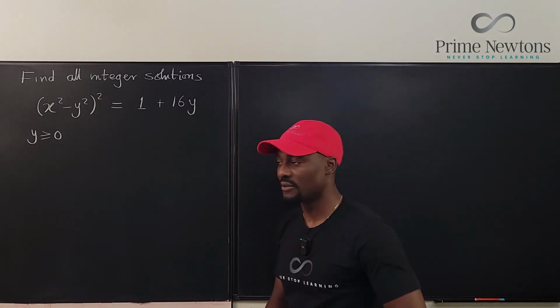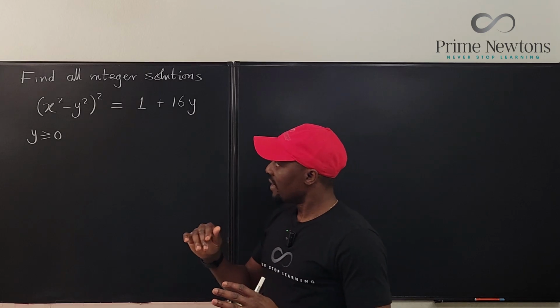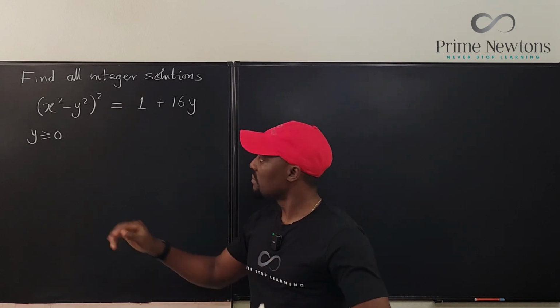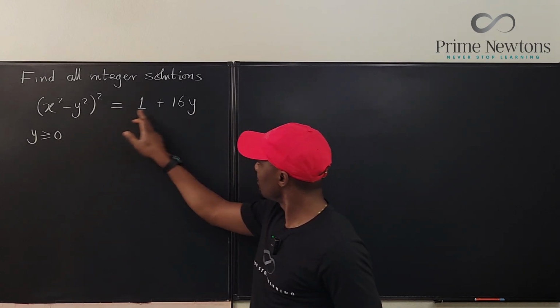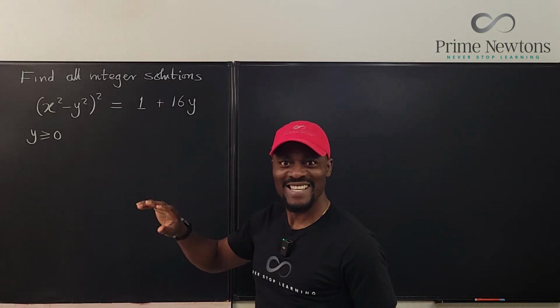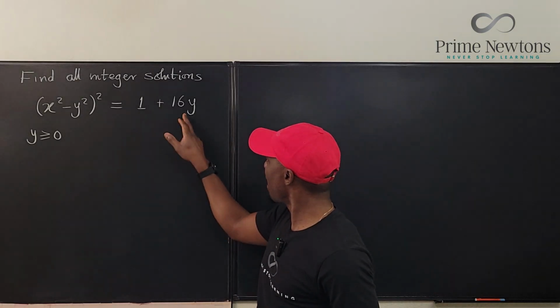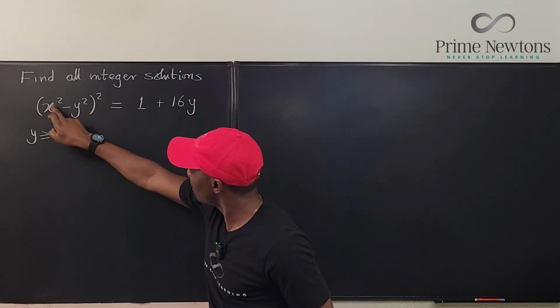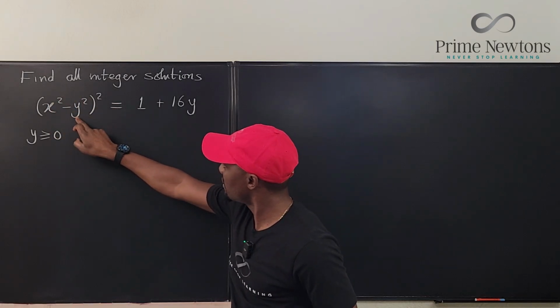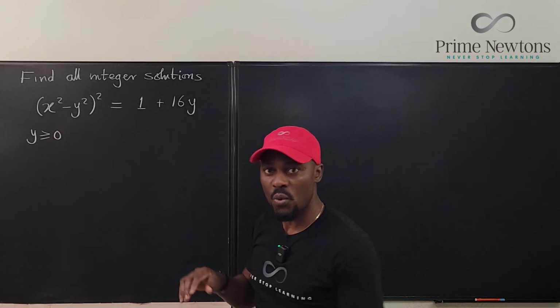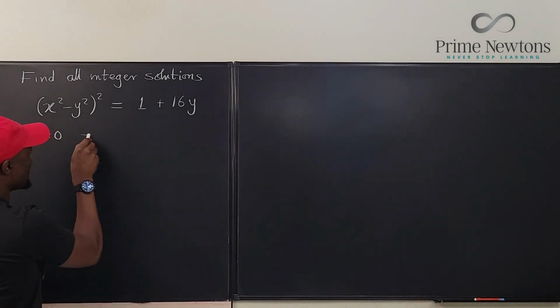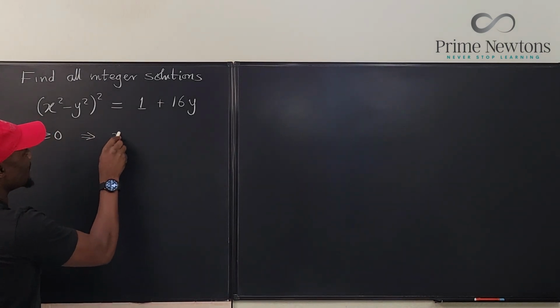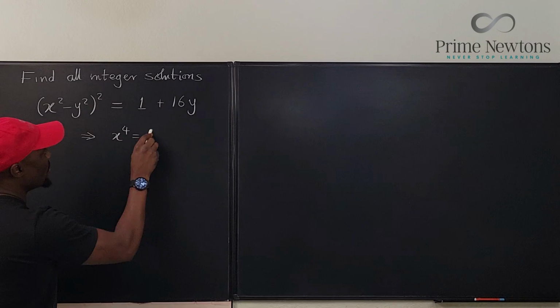Now let's do something else. If y is 0, let's even try that. Let's say y equals 0. If y equals 0, this becomes 0, and this is 0. So that means x squared, because this is now 0, equals 1. Ooh, so that implies that x to the 4th is equal to 1.